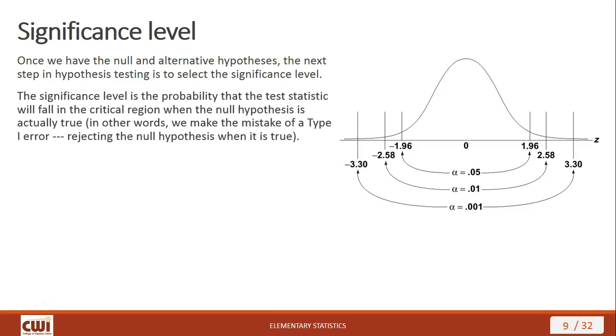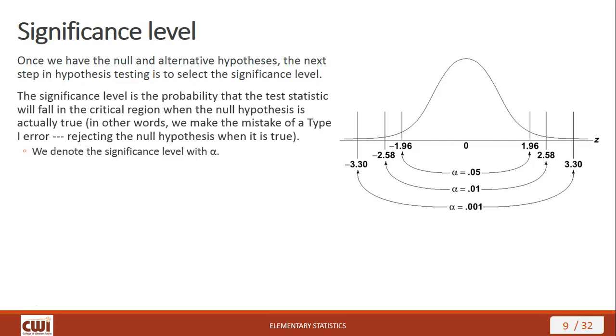We want to fail to reject the null hypothesis when it is actually true. So there are different levels of significance that we can attach to our hypothesis test that correspond with the probability of actually making a proper conclusion from our test.